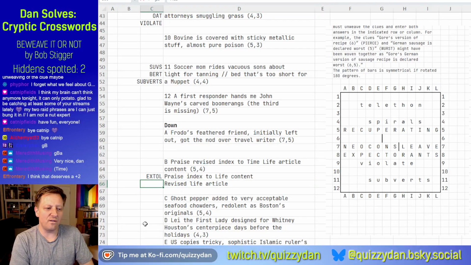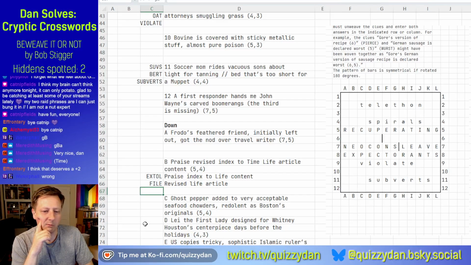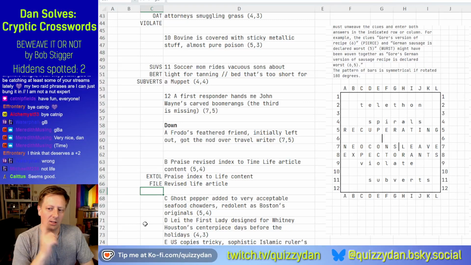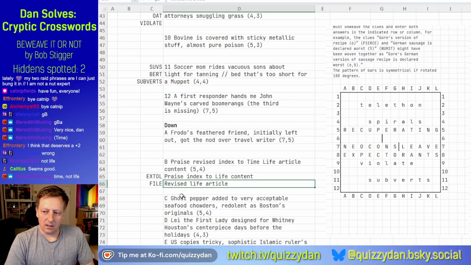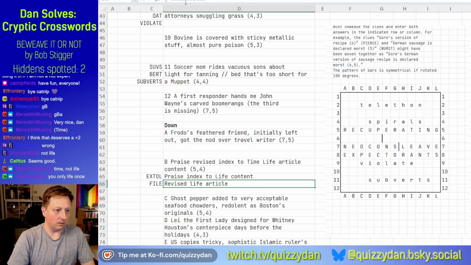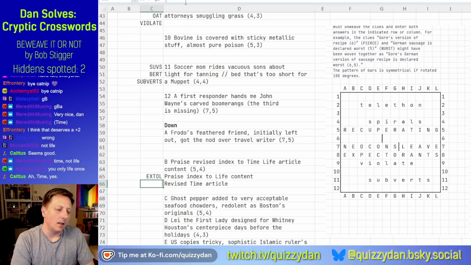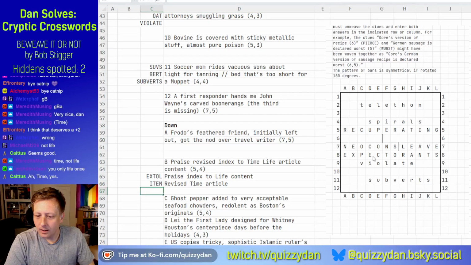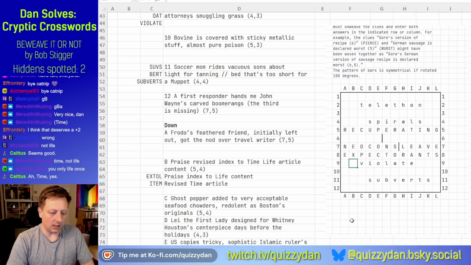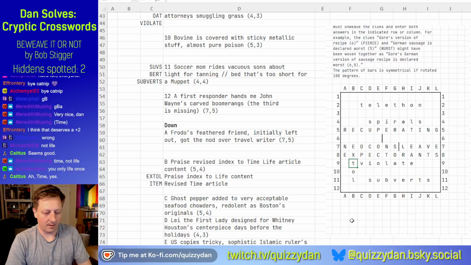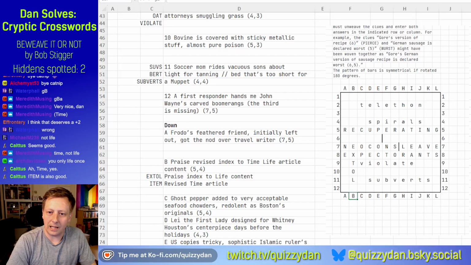So is that going to be a file? I think it has to be that way round, doesn't it? Oh, sorry, revised time article. Oh, then, okay, fine, yeah, emit. Item. Good, so extol looks like it goes here. Which is good, that does not clash with violate.